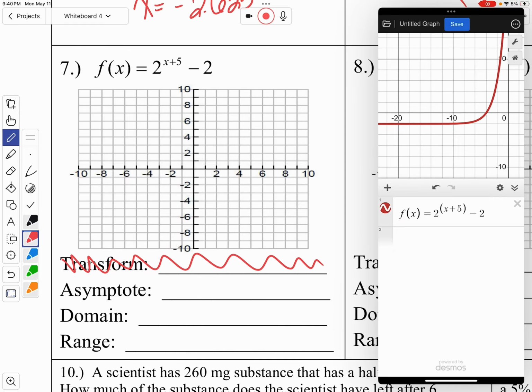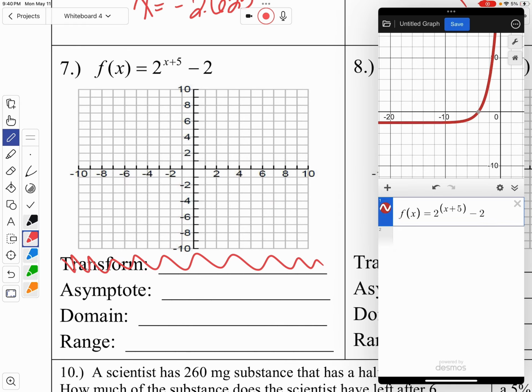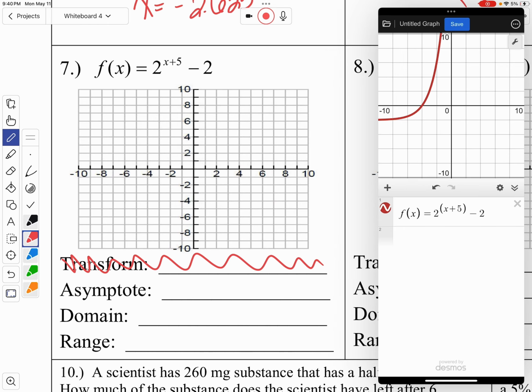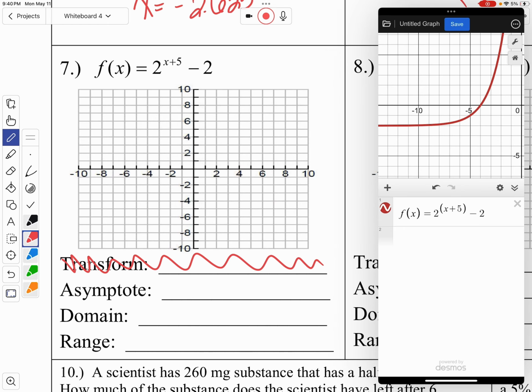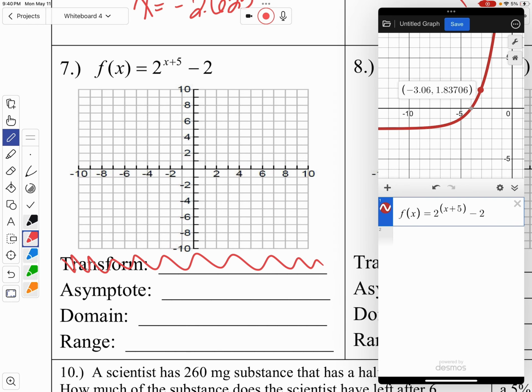So it goes flat at the bottom and it goes flat around the value. I'm going to zoom in until it's appropriately scaled. There we go. It flattens out right in here, and that is at the value -2. So it has a horizontal asymptote at -2.